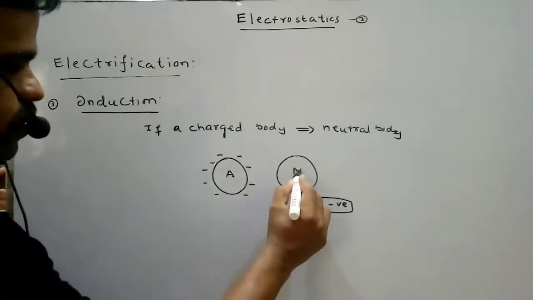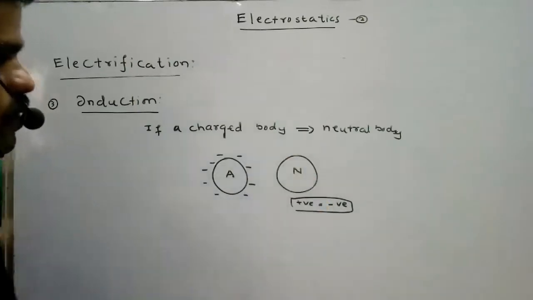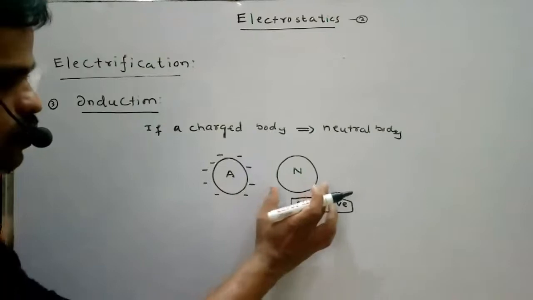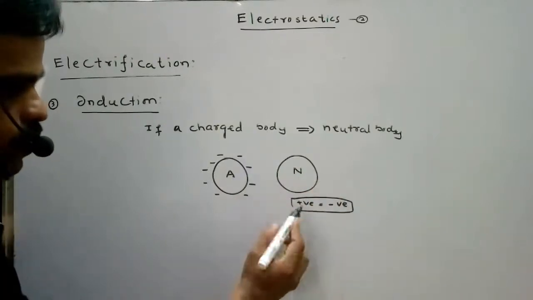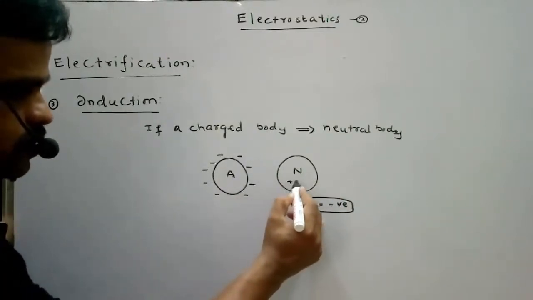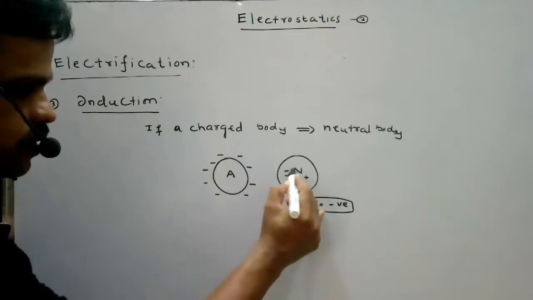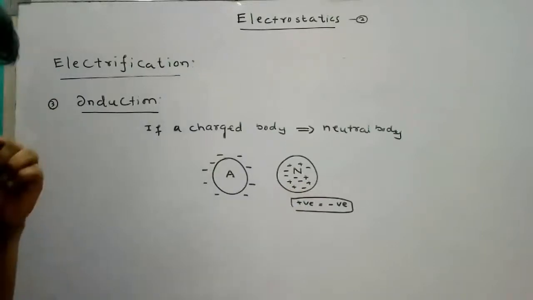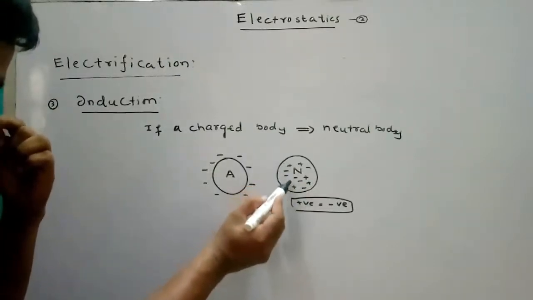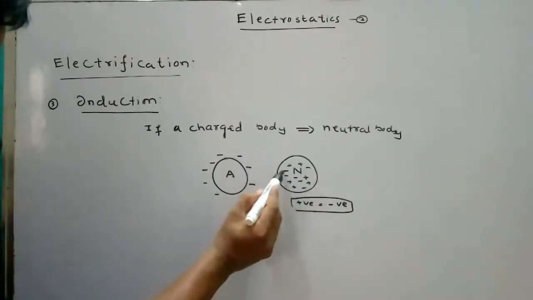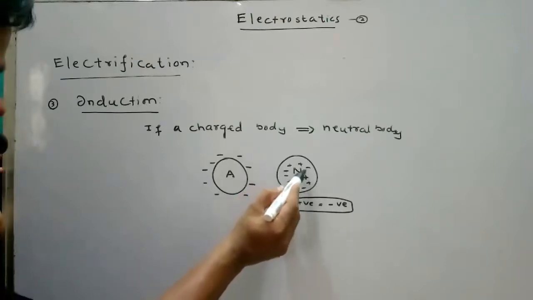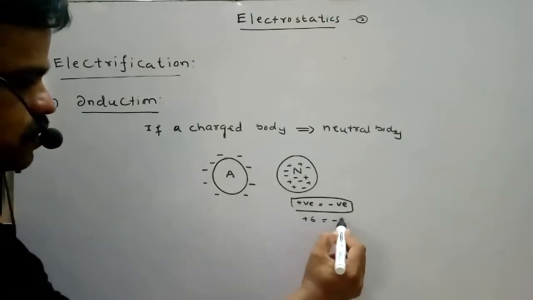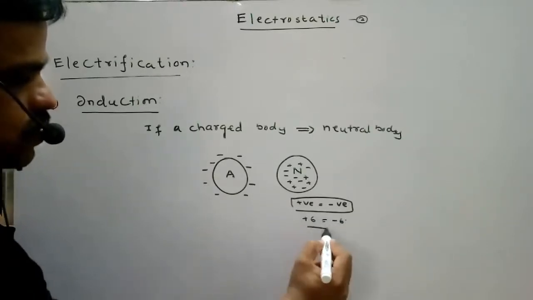Both are equal, so the body is neutral. Negative, positive, negative, positive. How many positives are here? 1, 2, 3, 4, 5, 6. Negative charges 1, 2, 3, 4, 5, 6. So there are 6 positive charges and 6 negative charges, both equal.